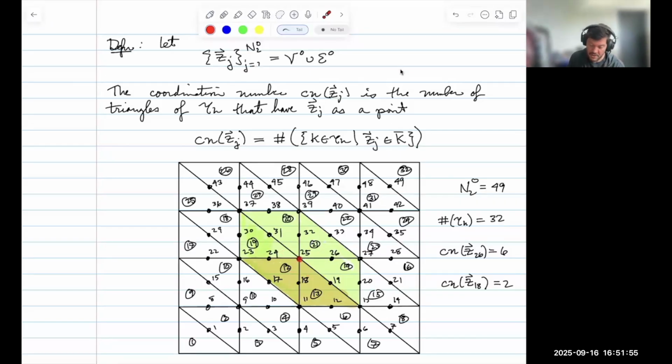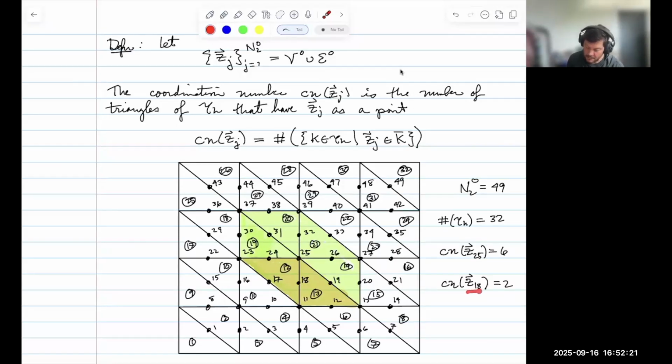So the coordination number of this point 25 is going to be 6. And I have it written incorrectly here. Let's fix that now before I forget. There we go, 25. The coordination number is the number of triangles basically that touch that point.